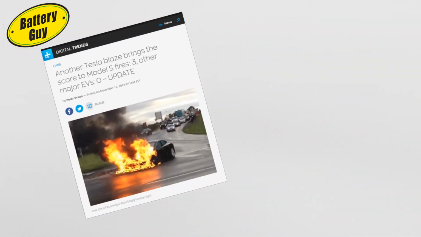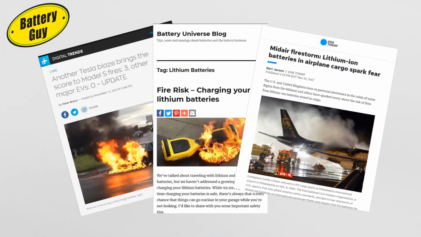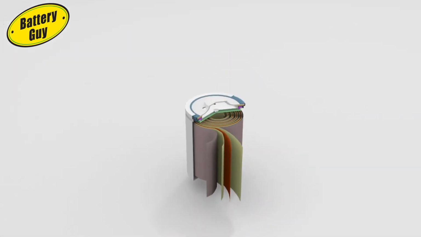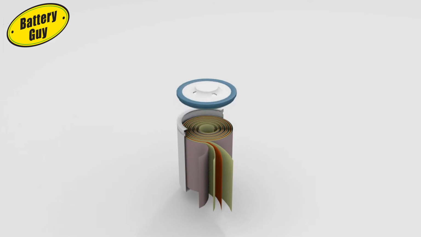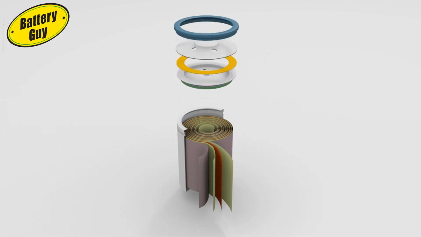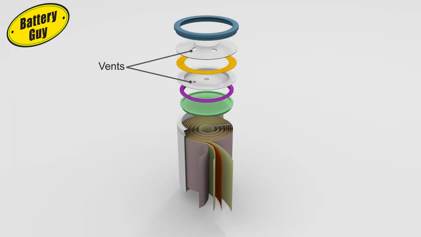These issues plagued lithium batteries in their early days, and so manufacturers had to find a way to stop faulty or damaged batteries overheating if they shorted out internally. Modern lithium batteries now employ multiple safety features. Vents are added to stop heat and pressure building up that can lead to explosions.